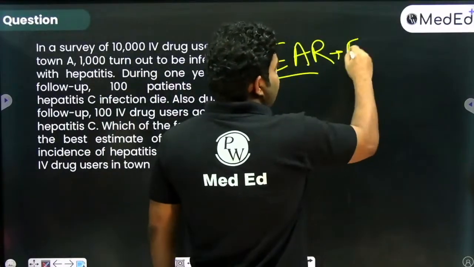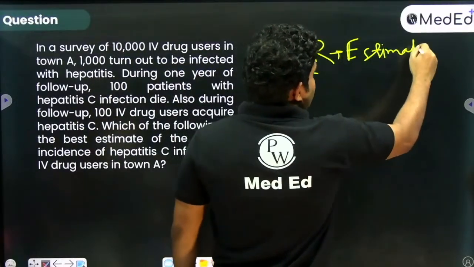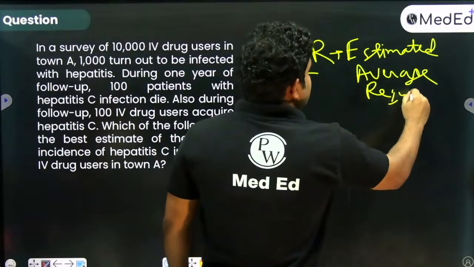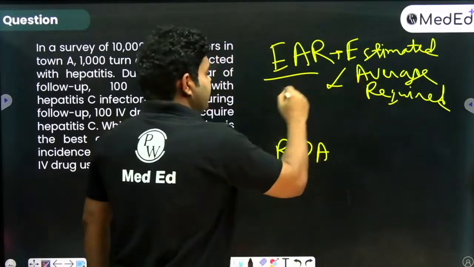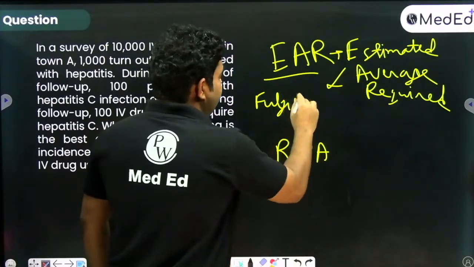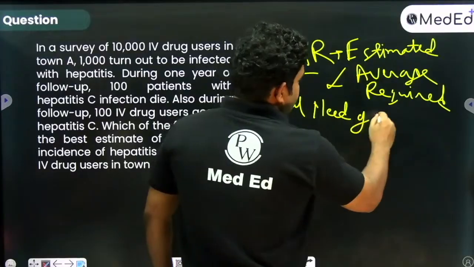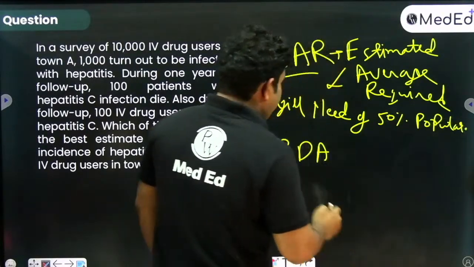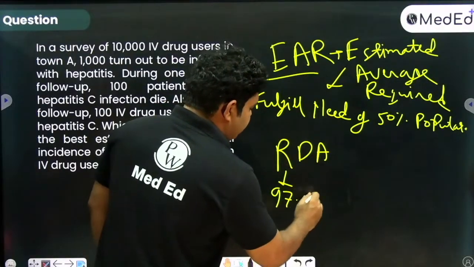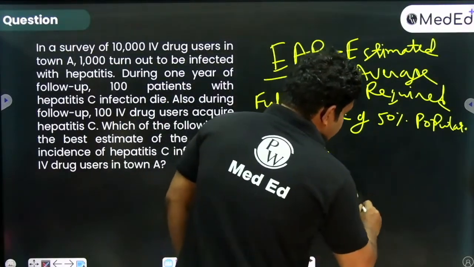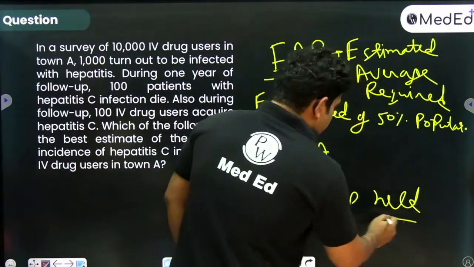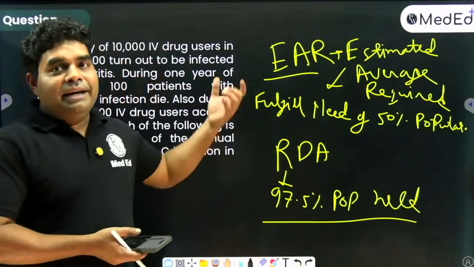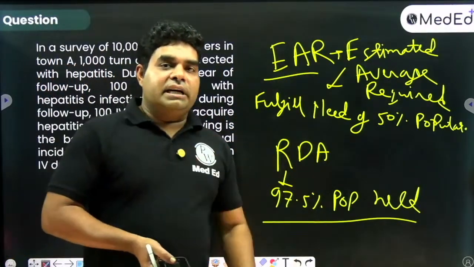So EAR is estimated average requirement. The amount needed to fulfill the need of 50% of the population is called EAR. EAR fulfills the need of 50% population. But RDA fulfills the need of 97.5% population, and RDA is called recommended dietary allowance. So RDA is for 97.5, estimated average requirement is for 50% population need fulfillment.